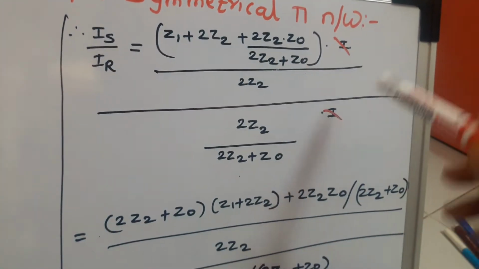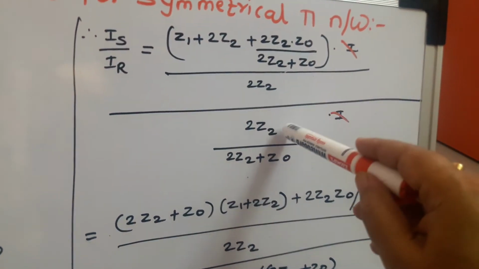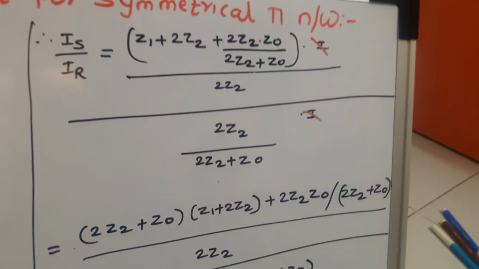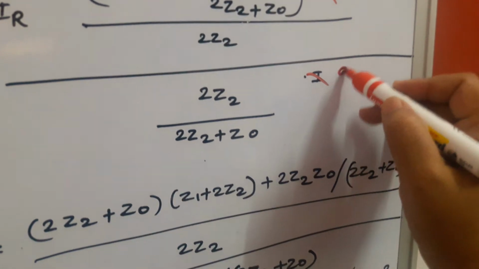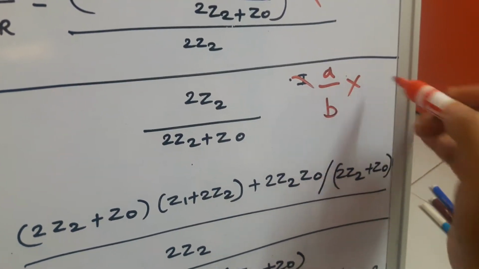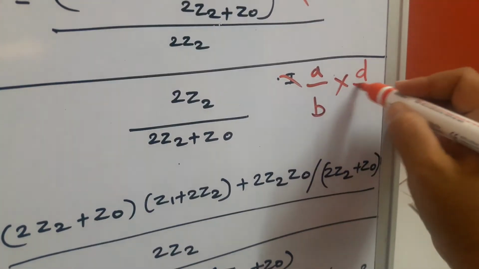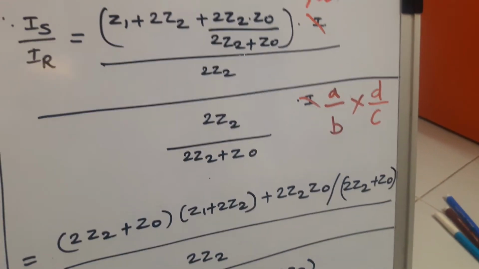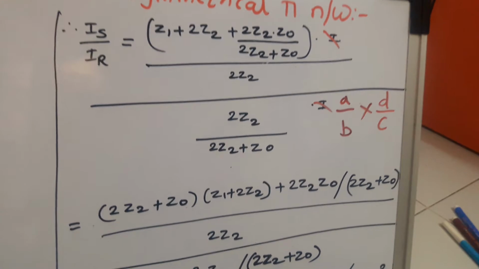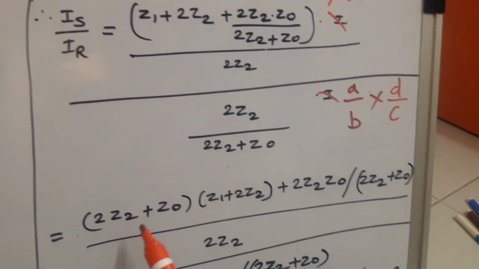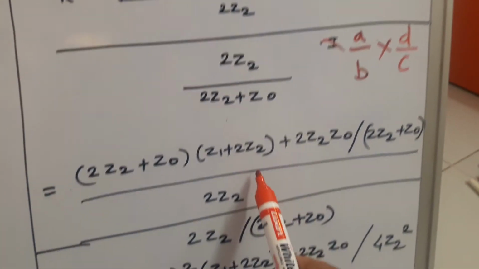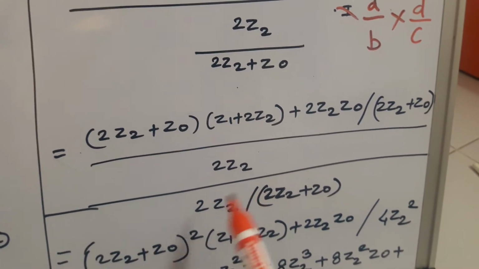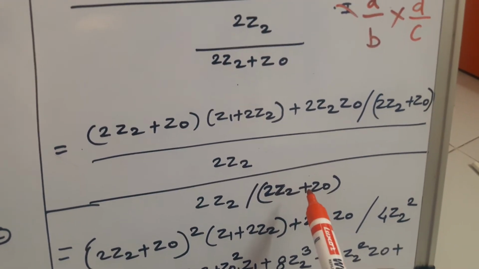To simplify, as it is A divided by B divided by C divided by D, we will have A divided by B into D divided by C. So by this principle we will solve it. We will take the LCM first of all. All these terms are there, divided by 2 times Z2 upon 2 times Z2 plus Z0.